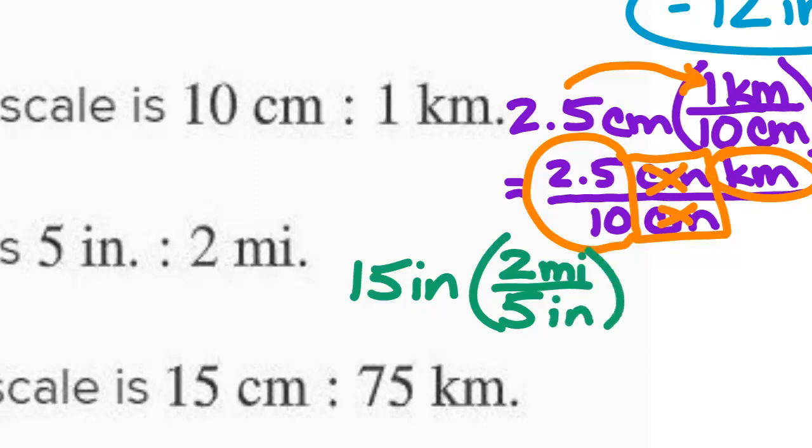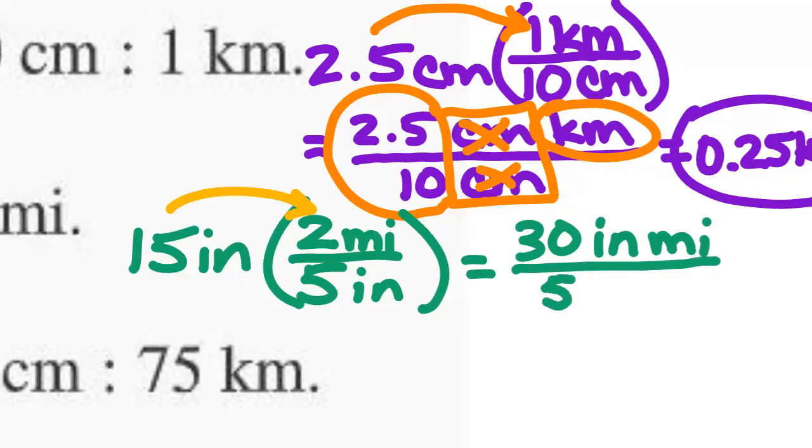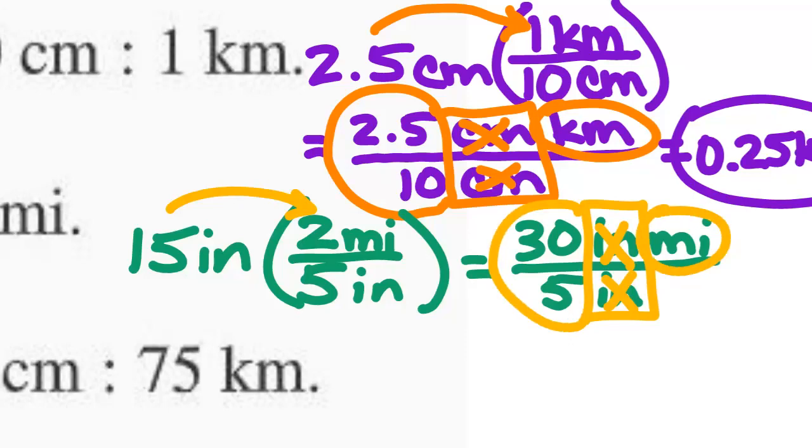We have inches with the 5. So now we take the 15, only gets multiplied to the top. What is 15 times 2? So I have 30, I have inches, and I have miles up here. Over 5 inches. My inches cancel out. So how many miles is the full-size object? 6 miles.